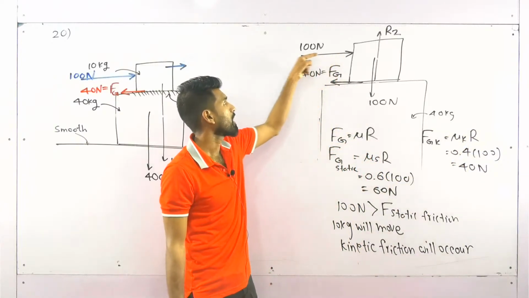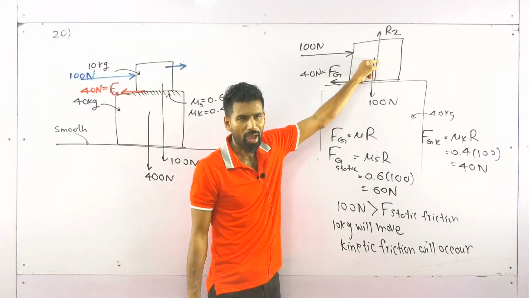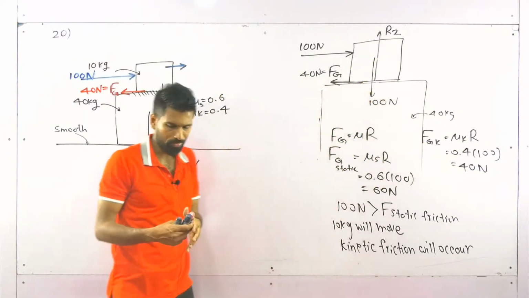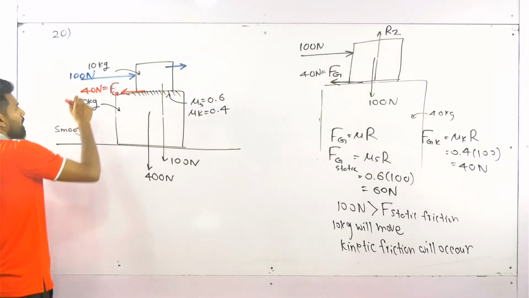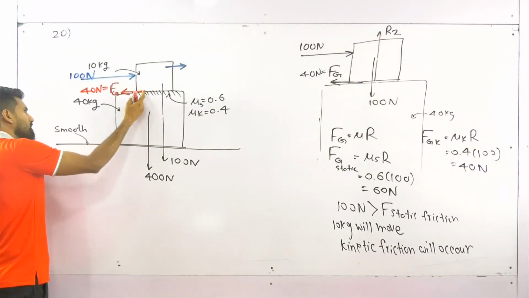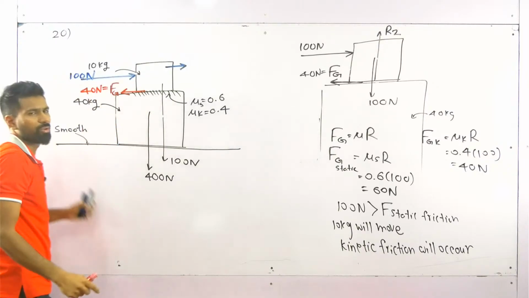So we are applying a 100 Newton force on this 10 kg block in this direction, and there's a friction of 40 Newtons in the opposite direction. So I come to my original picture, applying 100 Newtons to this side, and there's a friction on this 10 kg mass in the opposite direction.